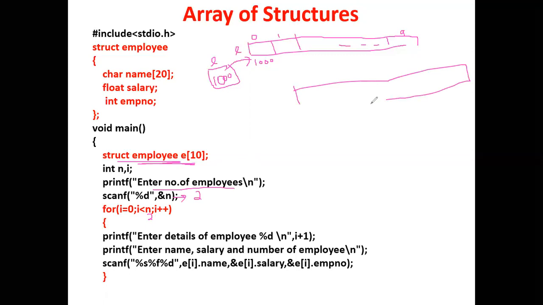I'm telling that I want to store 2 employee details. So this is E[0], and this is E[1].